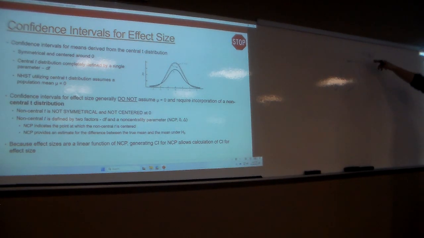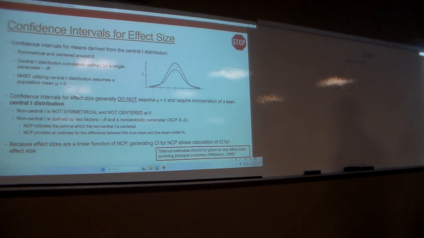I can calculate a confidence bound around that non-centrality parameter, and then back-translate the upper and lower limits to get it back into the d metric. Okay. Does that make sense to people? We'll walk through what this looks like.